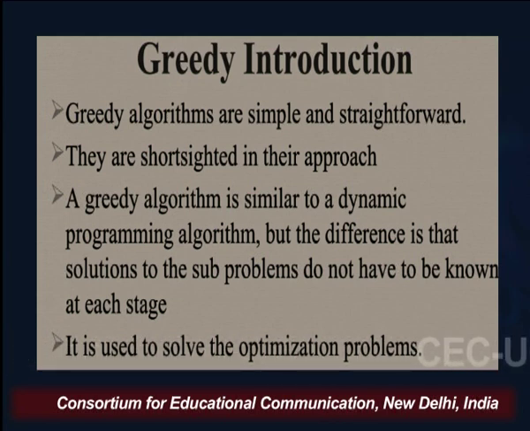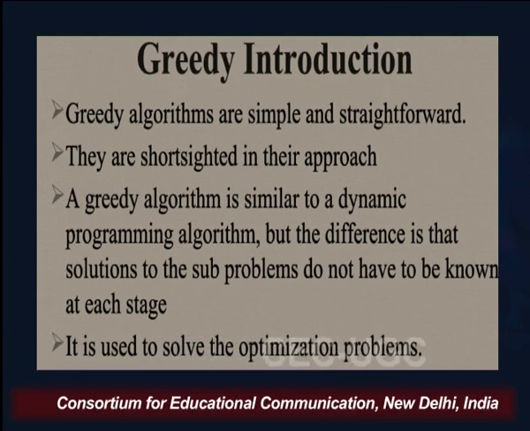Short sighted in their approach means they do not look at the global optimum, they are satisfied with the local optimum, and at every step, by looking at the best solution in the local domain, they claim to build a global optimal solution.